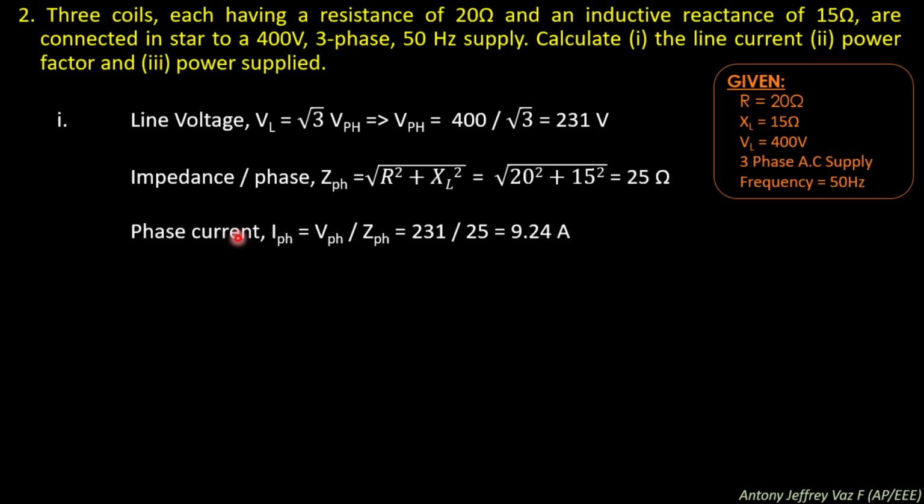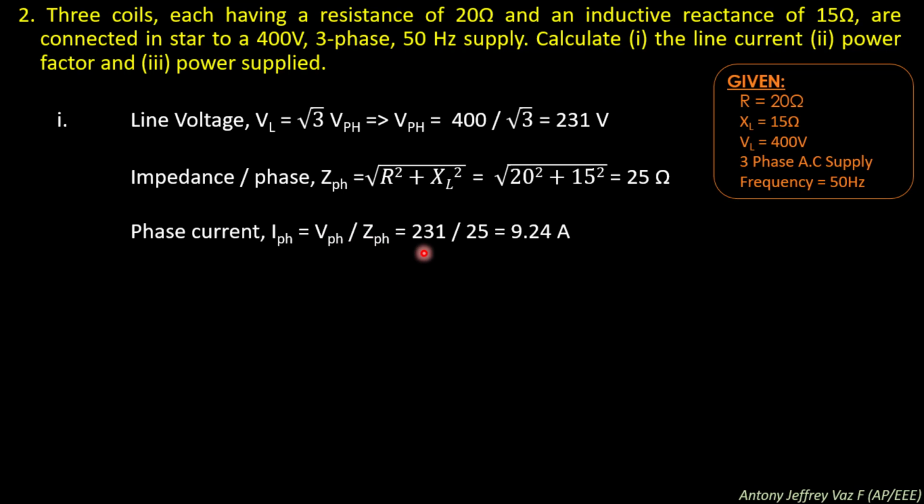Similarly, the phase current I phase is equal to V phase divided by Z phase. This is nothing but Ohm's law, I is equal to V by R. Here in an AC circuit, the resistance is measured as impedance. So V phase divided by Z phase is voltage per phase divided by impedance per phase.